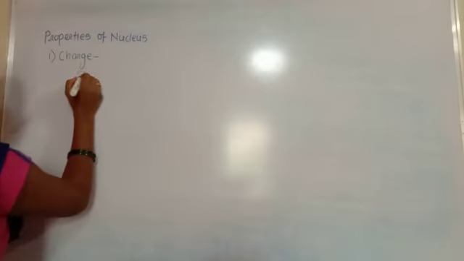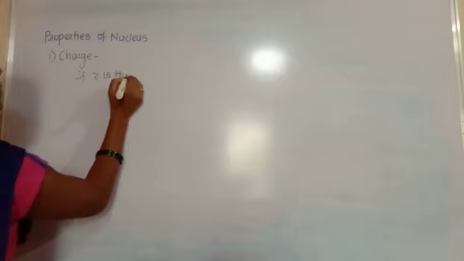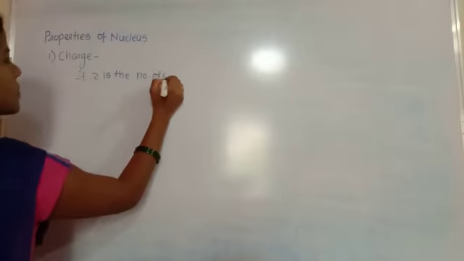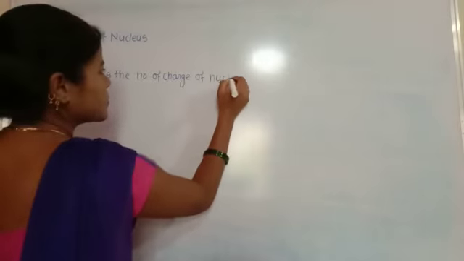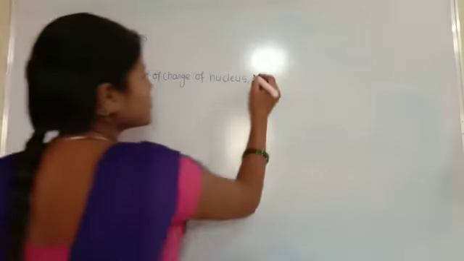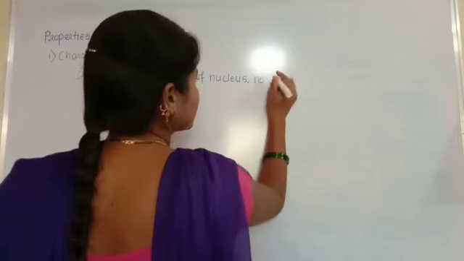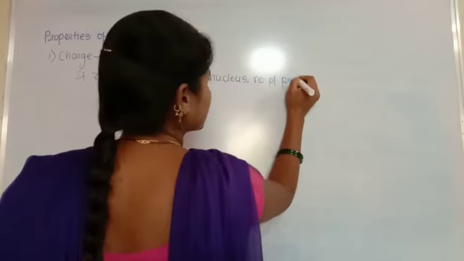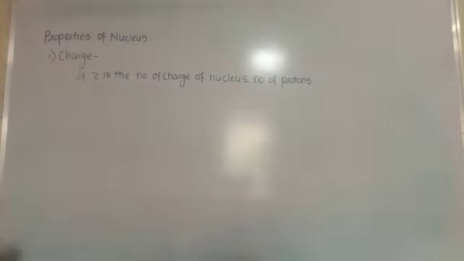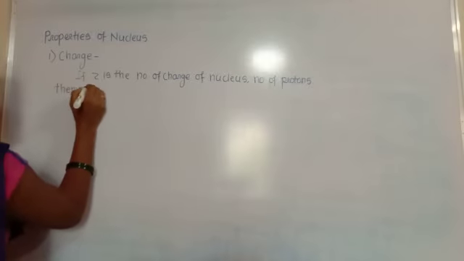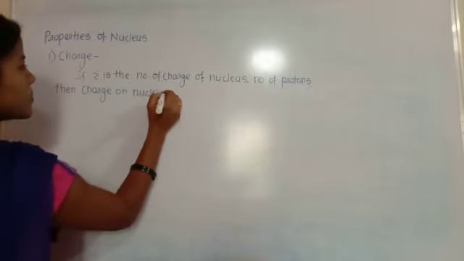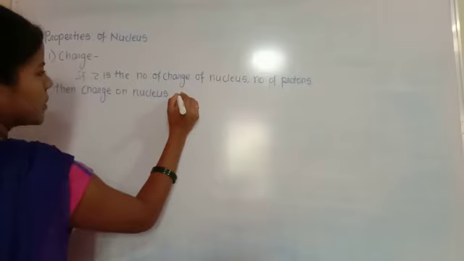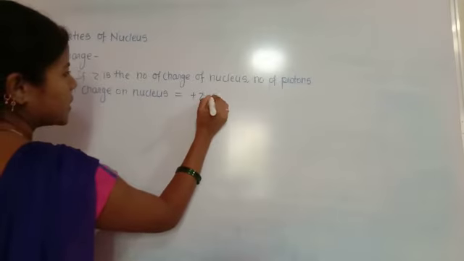If Z is the number of charge of nucleus, the number of charge is nothing but the number of protons in it, then the charge on nucleus is equal to plus Ze.